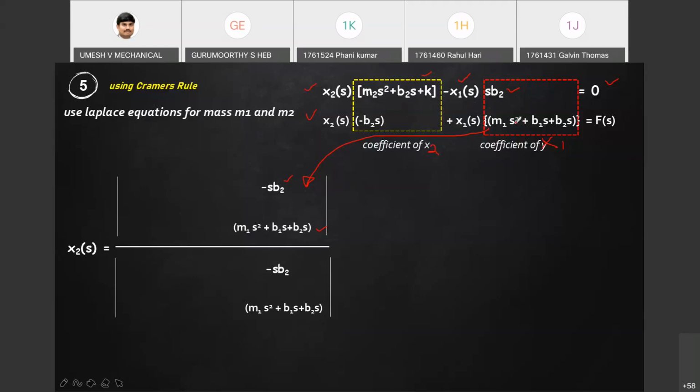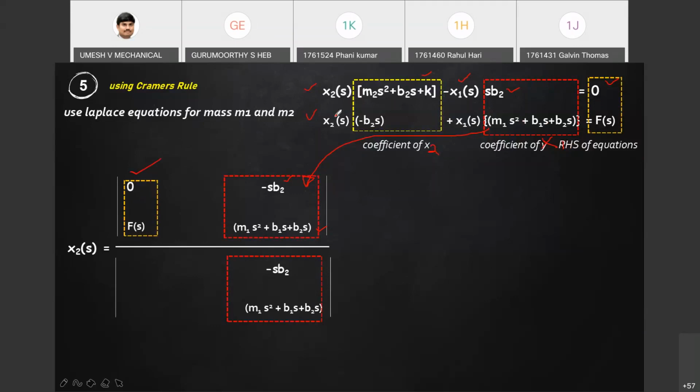Yes. Okay. Right. In the first, and here, like this. The elements of the matrix for x2 of s.